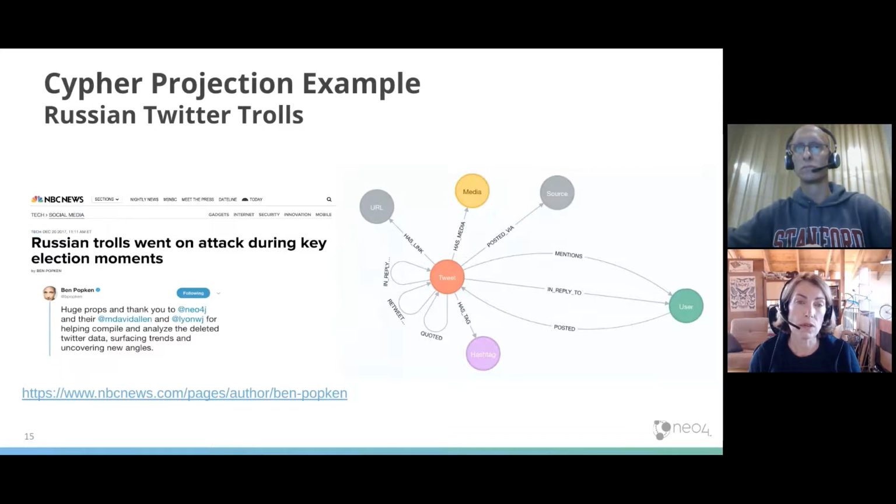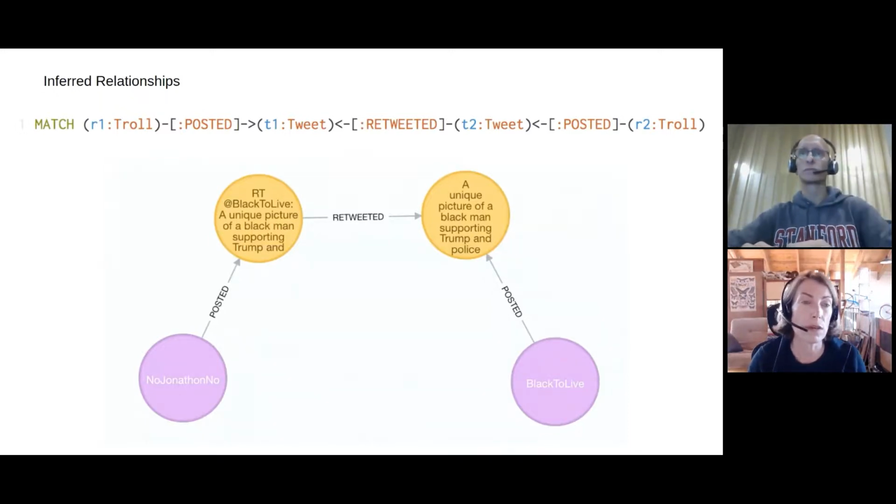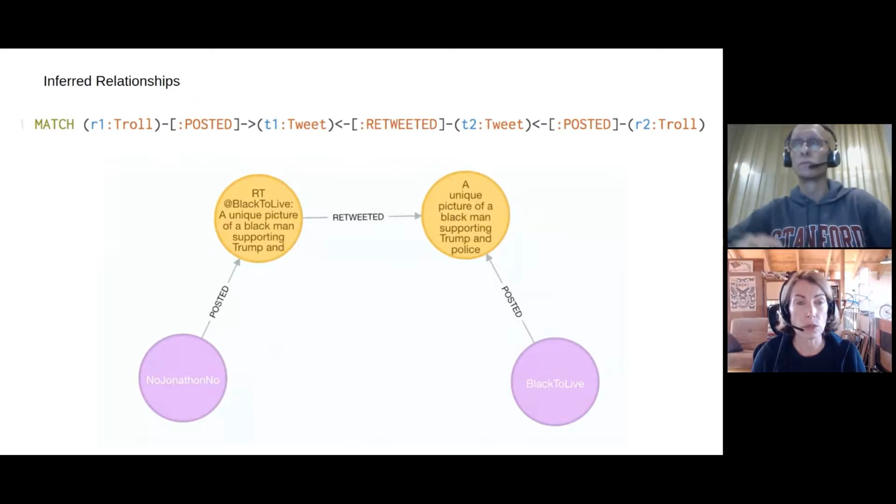In this example, we were looking at tweets, where they came from, who did them, and who retweeted them. And we were able to infer relationships using the Cypher projections for the graph. So you can see here we've got a couple of users on Twitter, and we've got a tweet that was posted and then retweeted by somebody else.